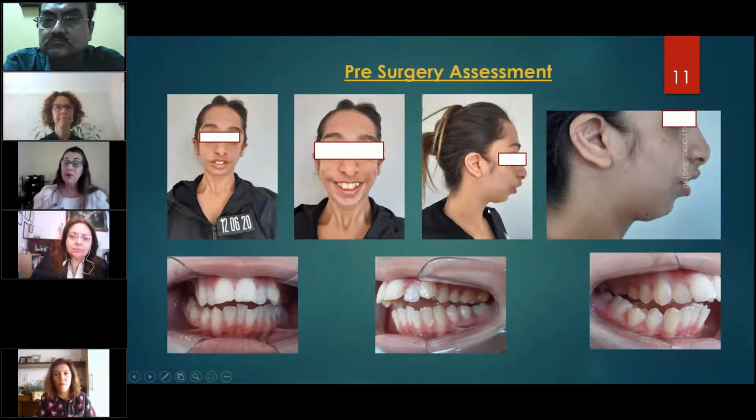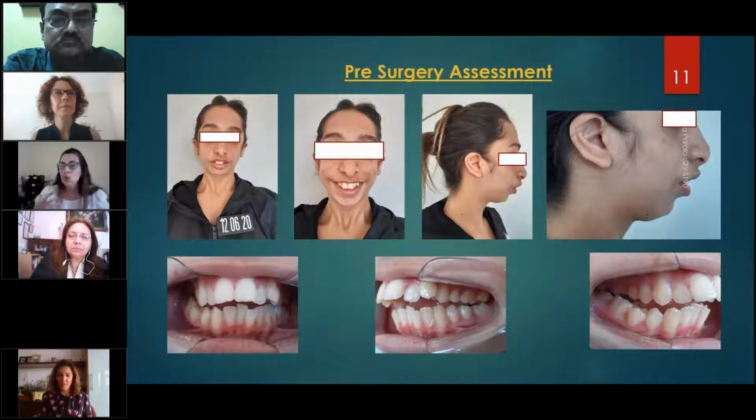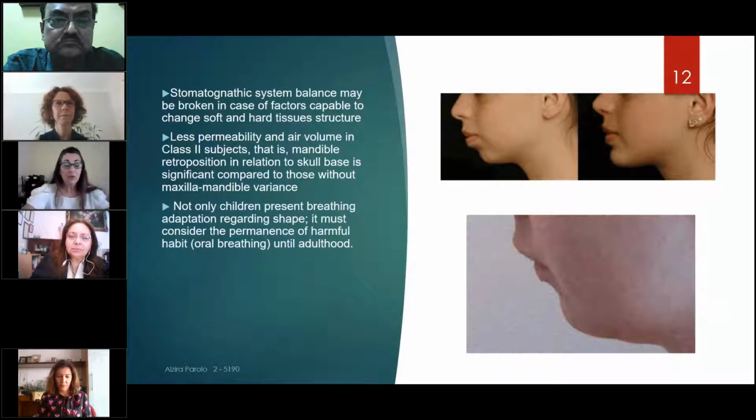For the mandible retroposition, here we have the most common way of mandible advance and maxilla retroposition in class 2. The patient does not have a good quality of life. The reported symptoms and assessment of the patient show the functional imbalance related to bone structures that way.